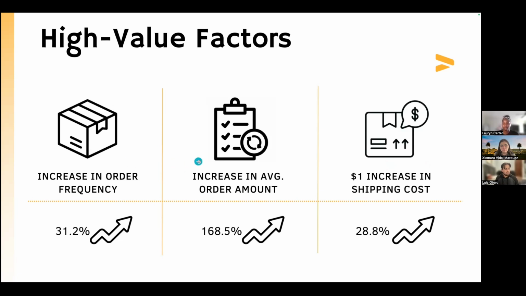For average order amount or average quantity, if a customer's average order amount increases by one, the odds of a customer being a high value customer are 168.5% more likely. And this is an interesting one to note: if a customer's average shipping cost increases by one, the likelihood of a customer being a high value customer increases by 28.8%.